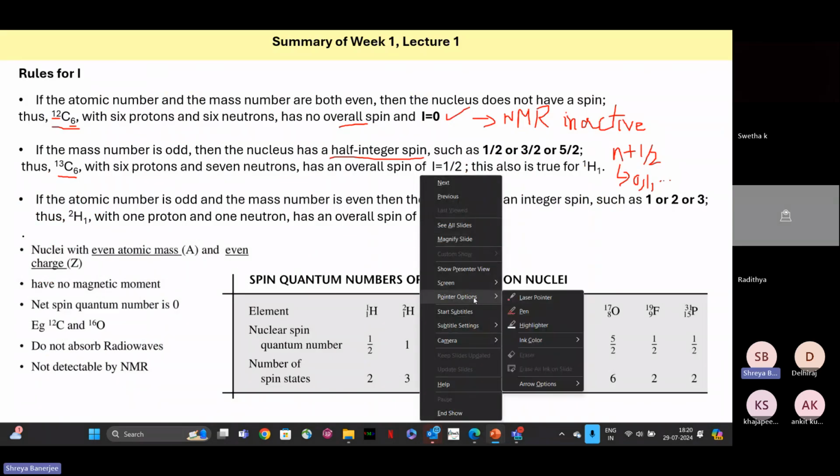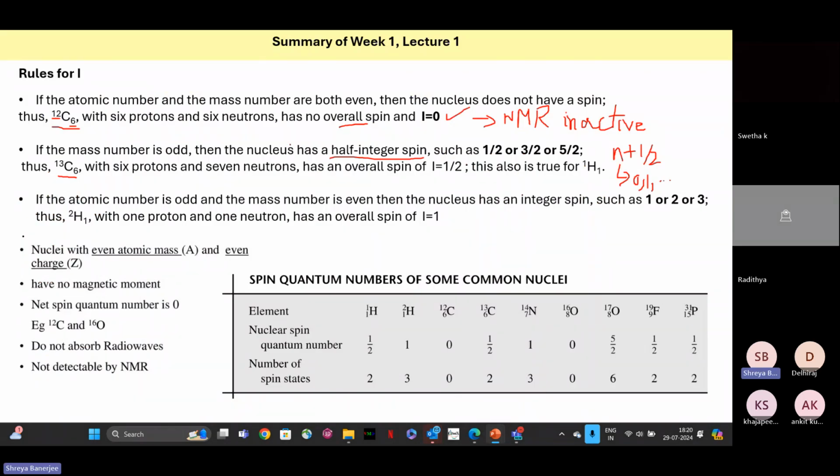Right. So as I was saying, if the mass number is odd and the atomic number is even, the I value will be n plus half, or it is called a half integer spin. And the third case is when the atomic number is odd and the mass number is even. So something like deuterium, that is hydrogen with the mass number 2 and atomic number 1.